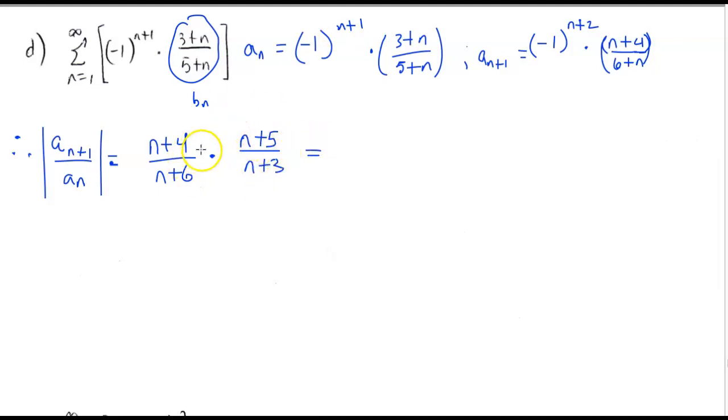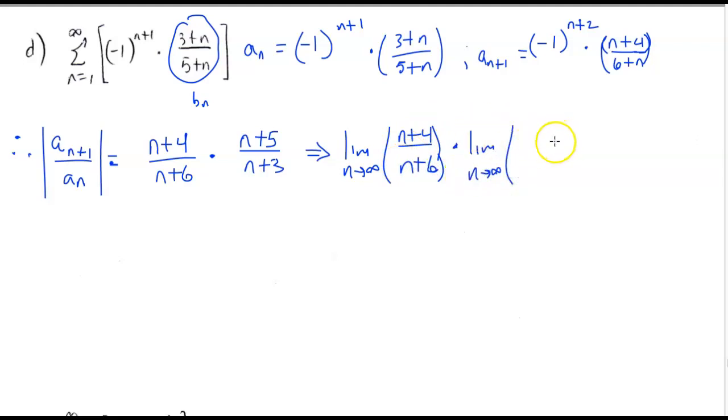Okay. So this is essentially what we end up getting. And so here, if we wanted to evaluate the limit of each of these, this is at a point where we can do that. So here, this would be the limit of n plus 4 over n plus 6 times the limit of n plus 5 over n plus 3. Okay?